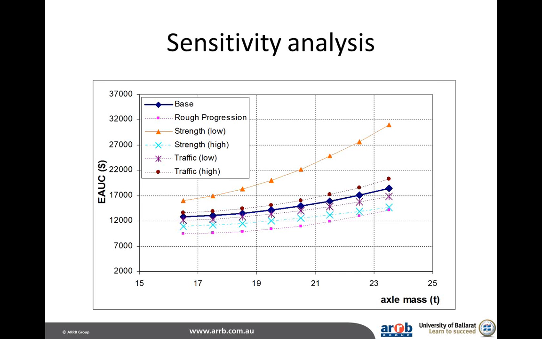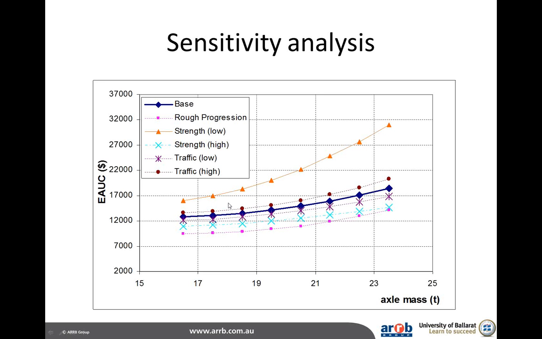Remember the gradient of this curve again. In the middle of this graph we have our blue base case, and in reducing the roughness progression coefficient, as expected we had a reduction in total cost, but it made a relatively small change on the marginal cost. It's still running at roughly the same gradient as our base case.